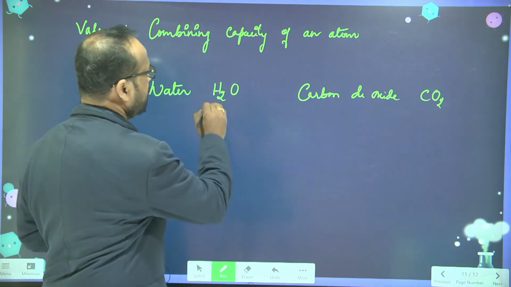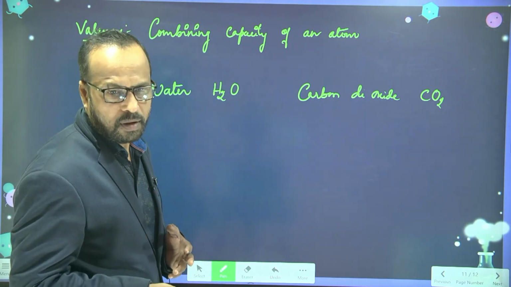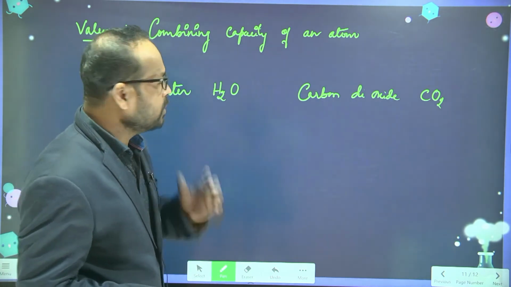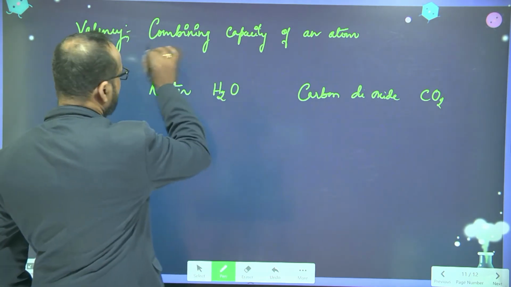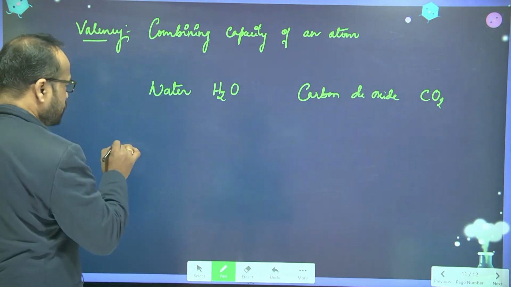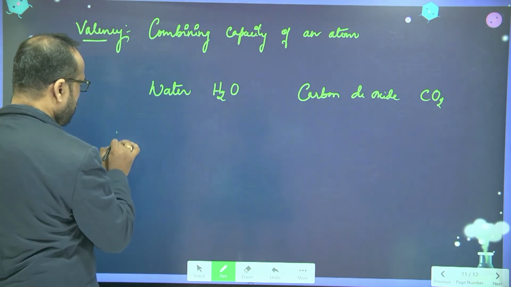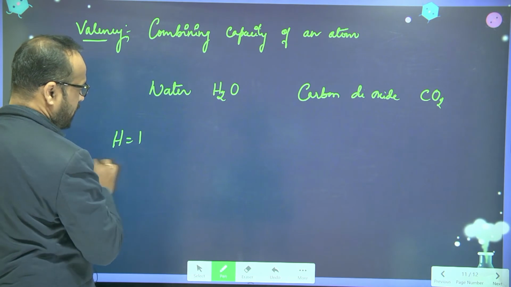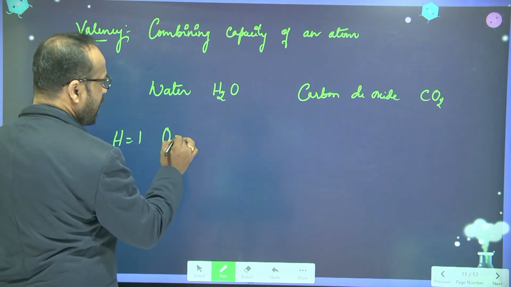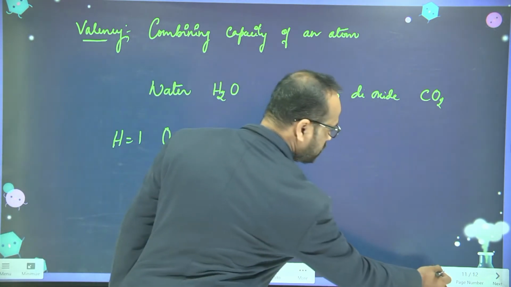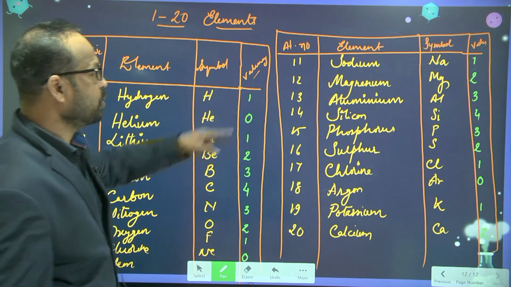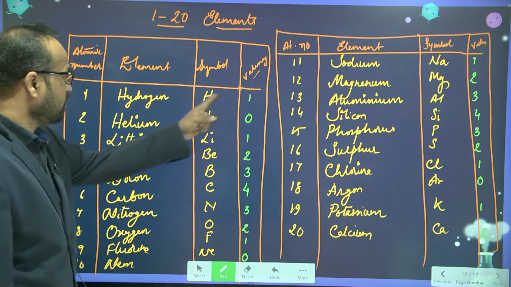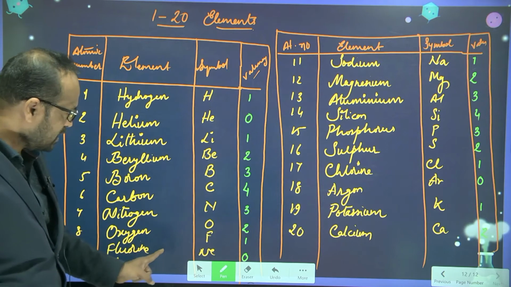So why we are taking H2O? That depends on its valency. So hydrogen valency is 1 and oxygen valency is 2. Refer here. So here hydrogen valency is 1 and oxygen valency is 2.